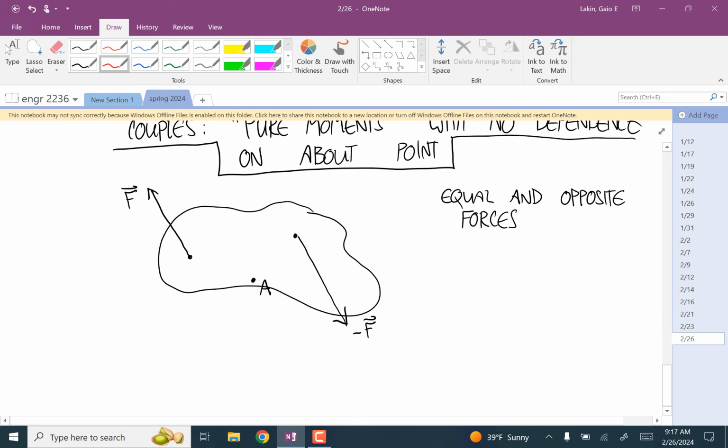Let's call this point P1, the one where we're calling the force F, and let's call this one P2. I guess we'll just think of these as points. Okay? And so then this is the rho vector for one of these two forces, and this is the rho vector for the other one.